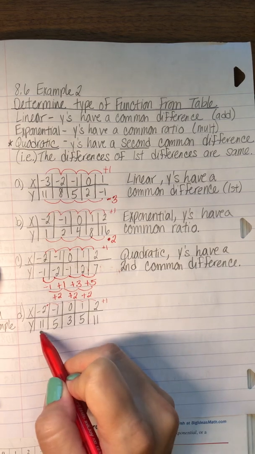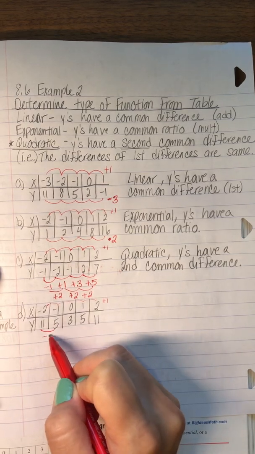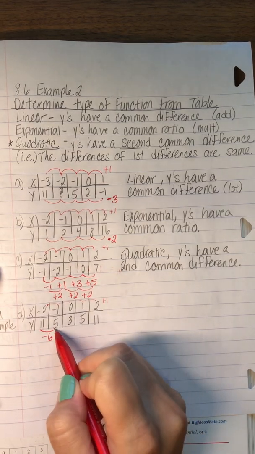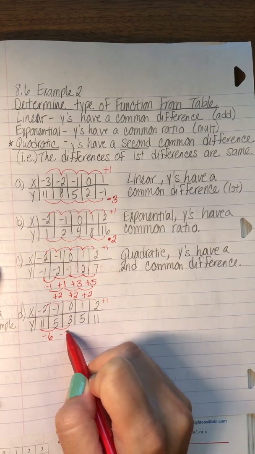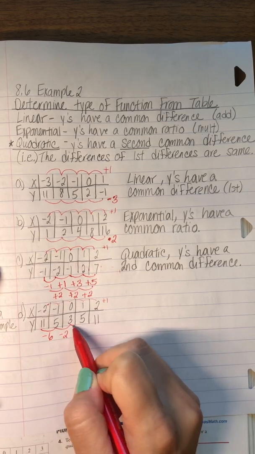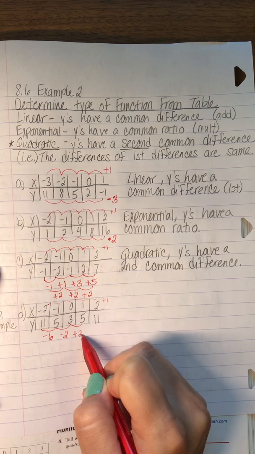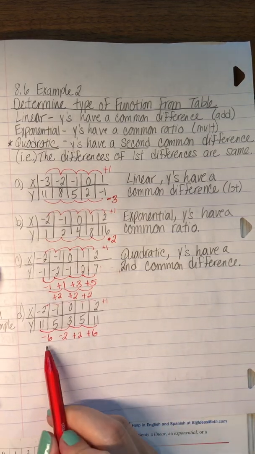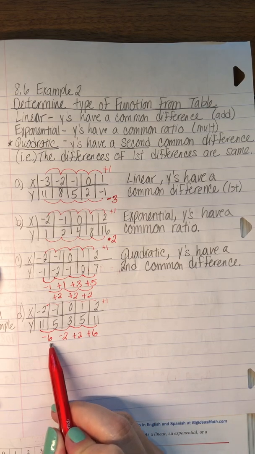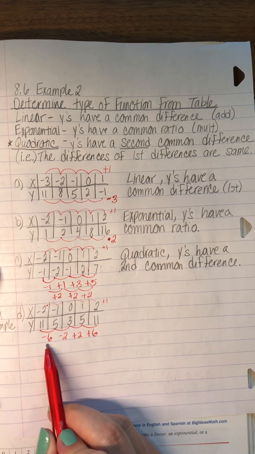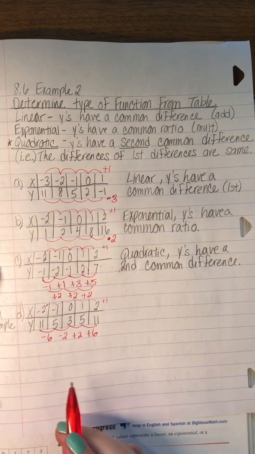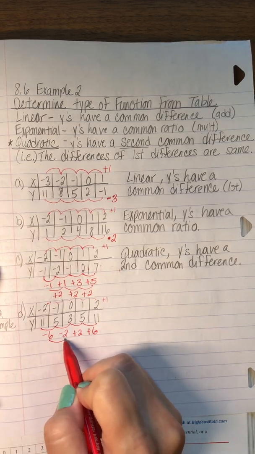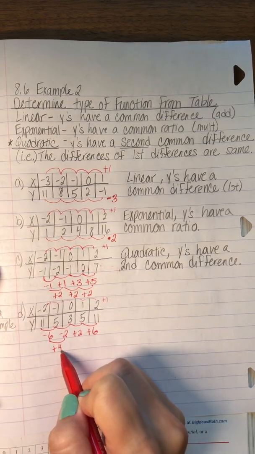So how do we get from 11 to 5? We minus 6. From 5 to 3, minus 2. From 3 to 5, plus 2. From 5 to 11, plus 6. Now these are clearly not the same, but now let's find the difference between the first differences. How do you get from -6 to -2? You add 4.